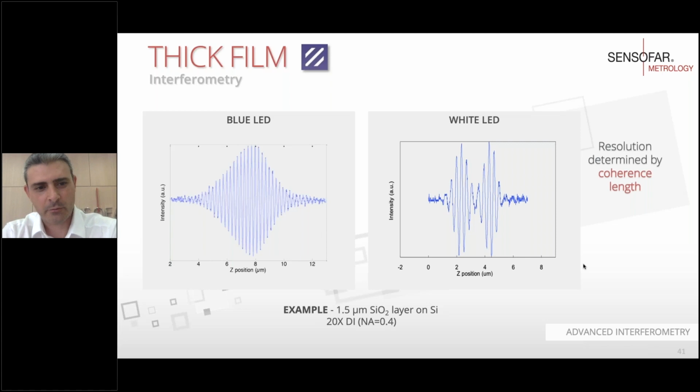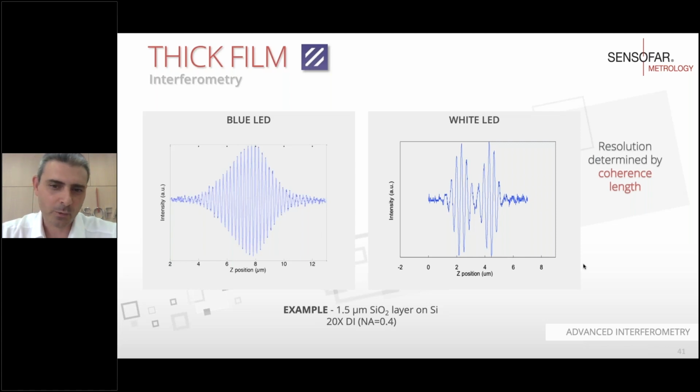So this means that if we have a 1.5 micron silicon oxide layer and we use a blue LED, the two envelopes of the two reflections are embedded in each other, so they collapse and we are not able to separate them. So we are not able to see any signal that we can use to retrieve the three-dimensional shape of the top and the substrate.